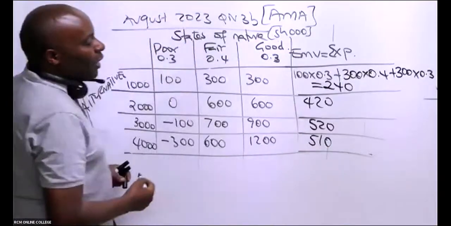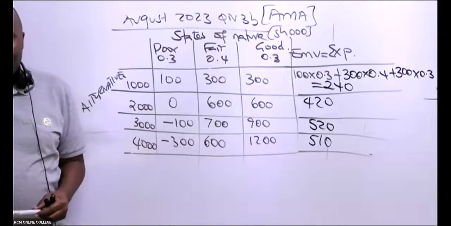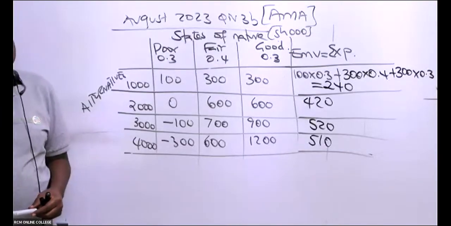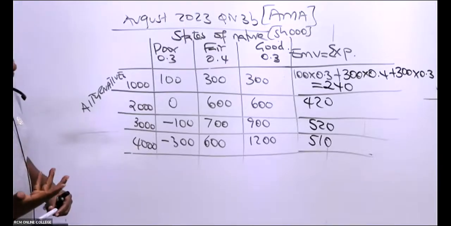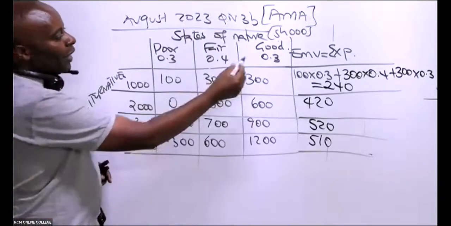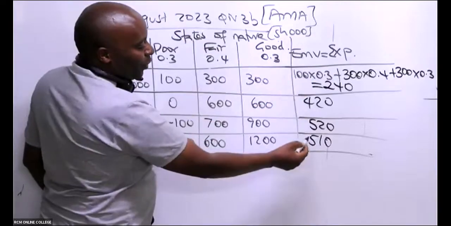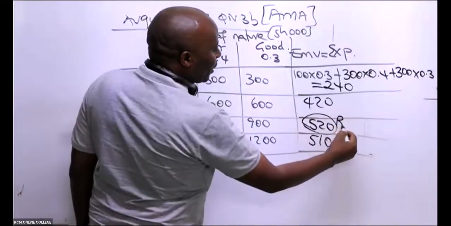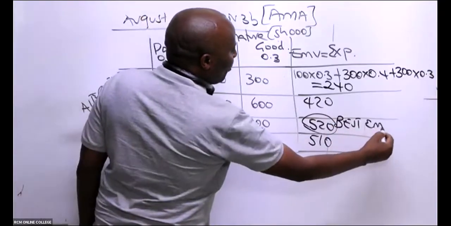So what do you think about this expected monetary value? Once we have them, we shall always work with the very highest because money is sweet. The more it is, the better. So the optimal one will be the highest amongst these, which is 520. This is what we call the best expected monetary value.